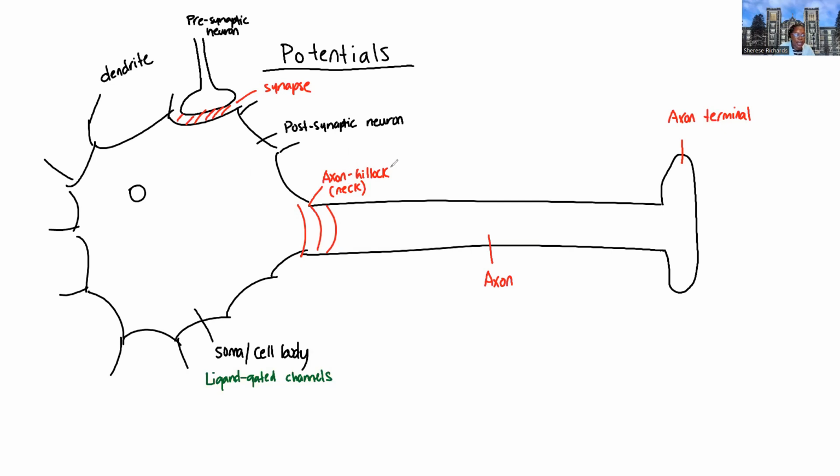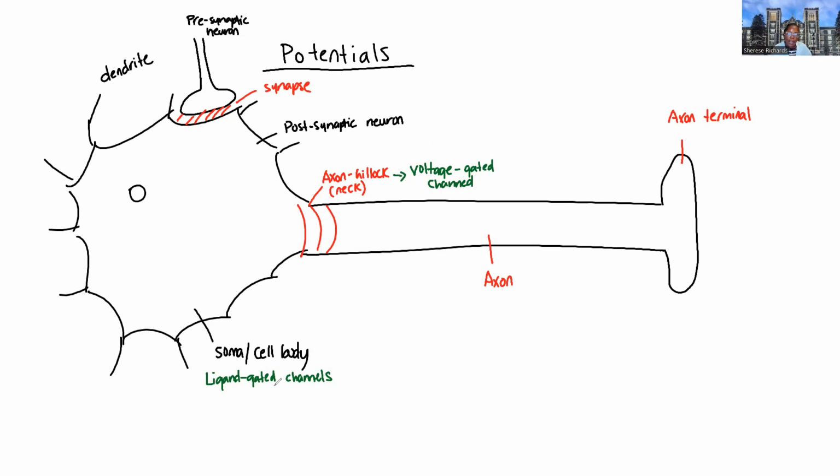Let's look at the axon hillock. Here there's going to be an abundance of voltage-gated channels. These channels are also gated, but they're going to open when the membrane potential gets to a certain value. This is where that -55 number comes into play.